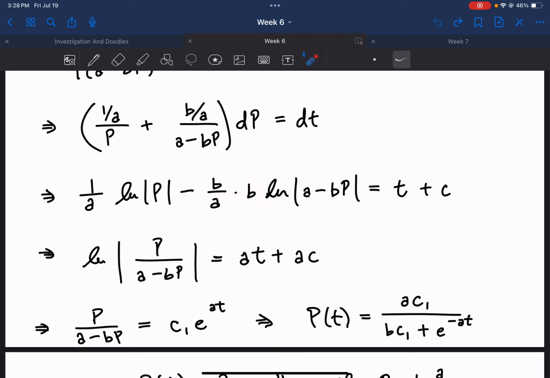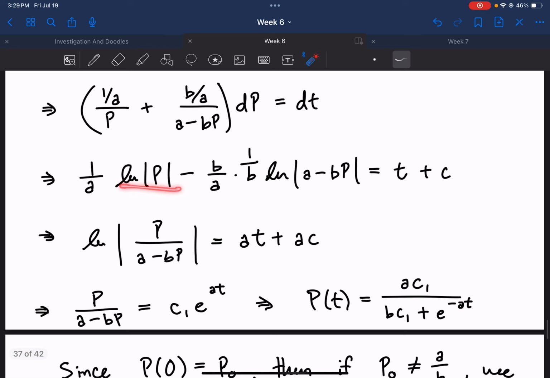Oh, this should be 1 over b, because we're integrating. 1 over b times b, these cancel. Multiply through by a, and this becomes a and aC over here. And then we have natural log P minus natural log (a minus bP). Subtraction outside of natural log becomes division inside.